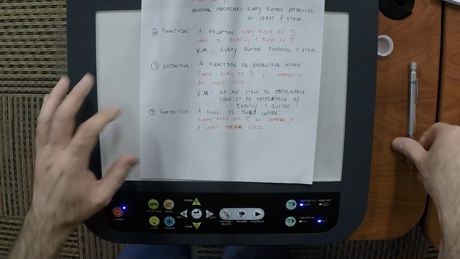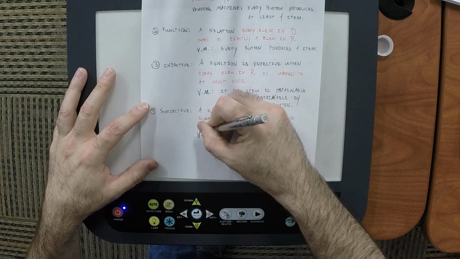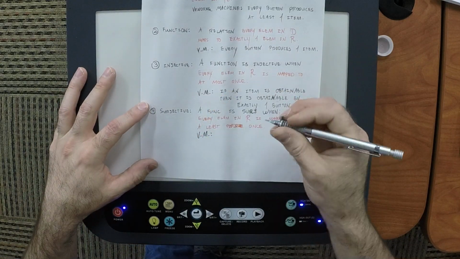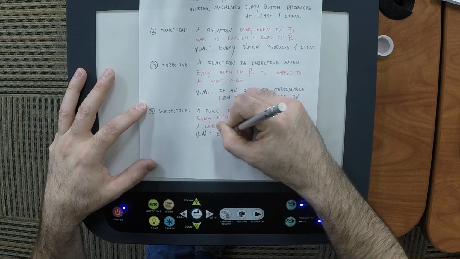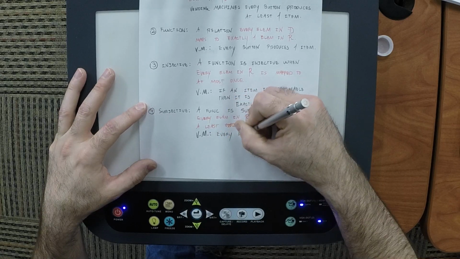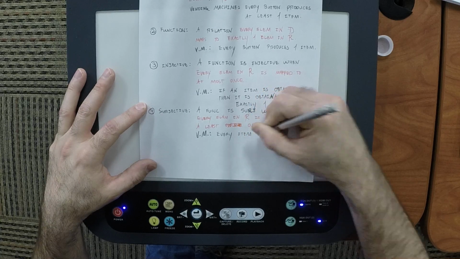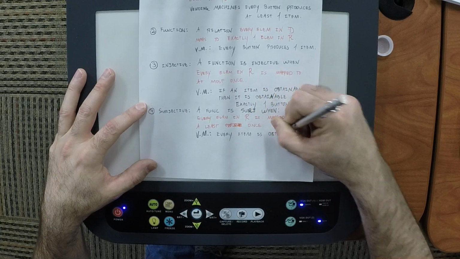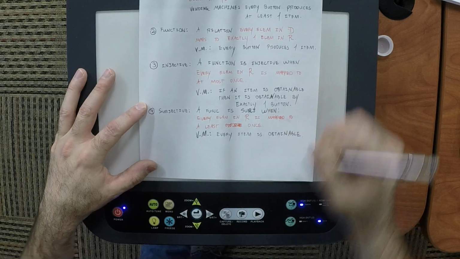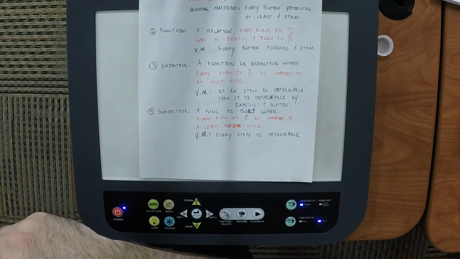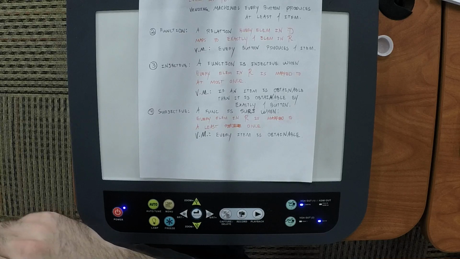To make the vending machine analogy, every visible item is obtainable, but there might be more than one way to get it.